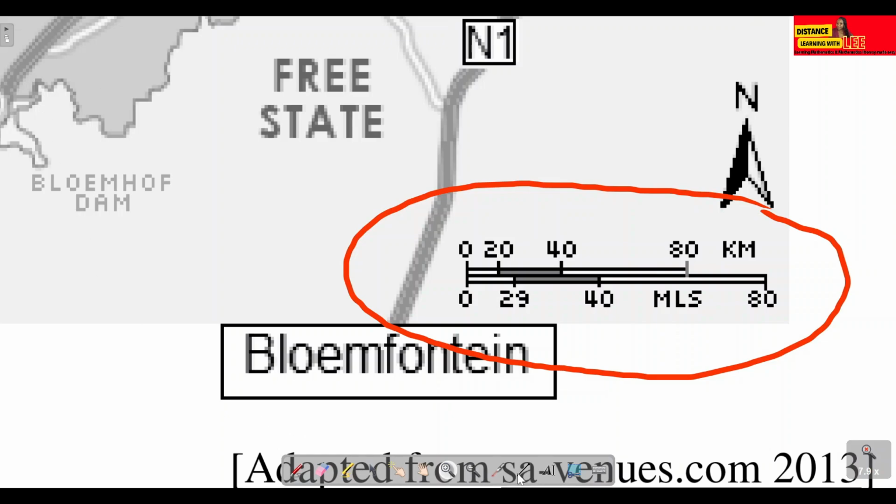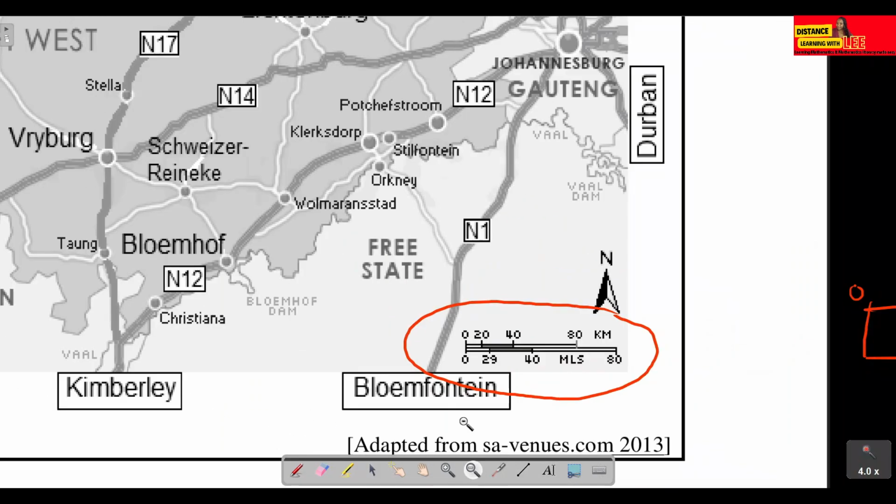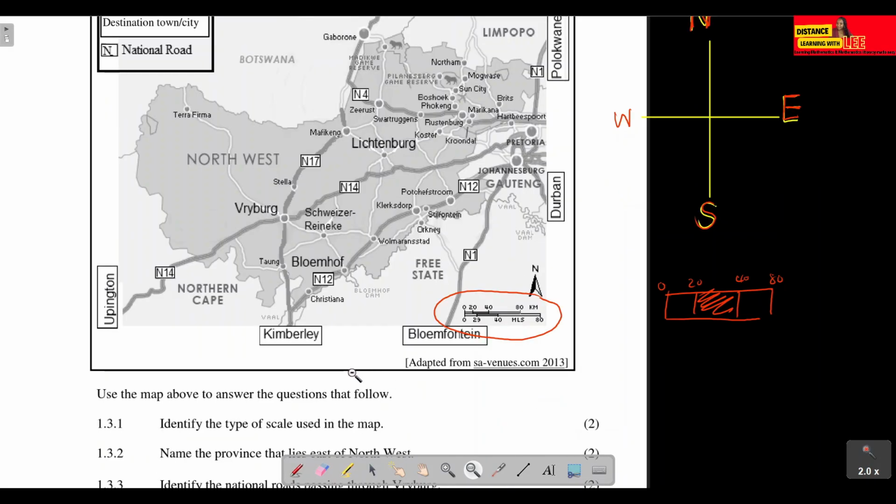But sometimes you'll get a map with a number scale or a line scale. If it's a number scale, you'll have something like 1:50, maybe at the bottom left or wherever on your map.